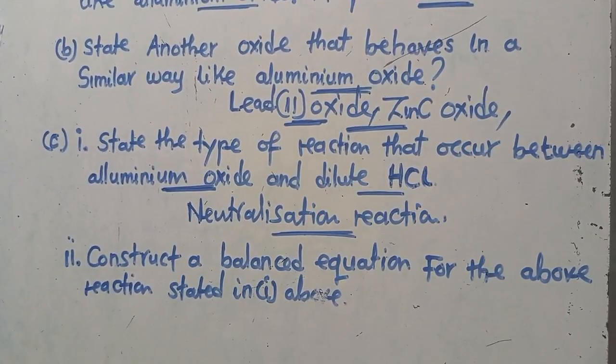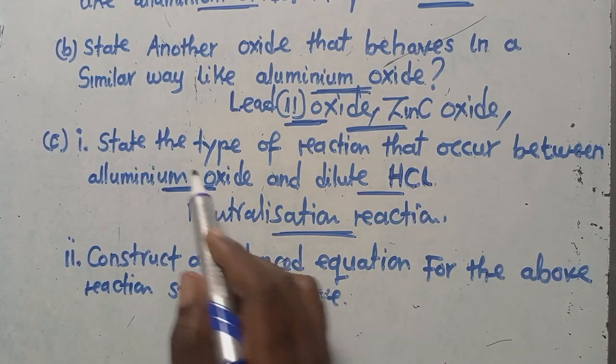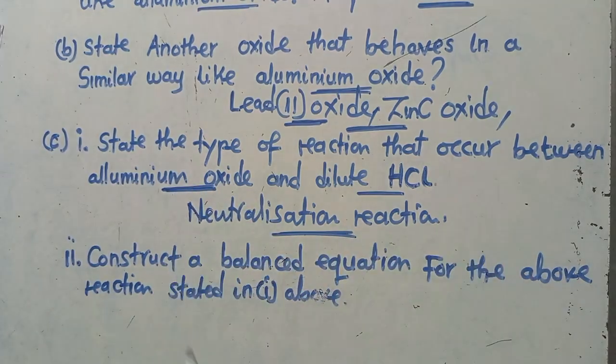The next question is saying, construct a balanced equation for the reaction stated in A above. So this is what they're talking about. Aluminium oxide. How is aluminium oxide? Aluminium oxide is like this. I guess you know how to come up with correct chemical formulae.